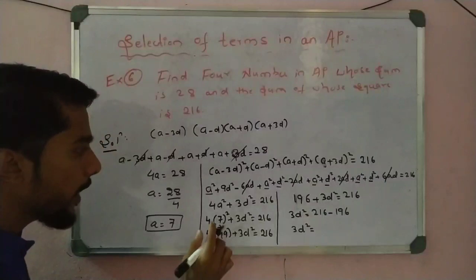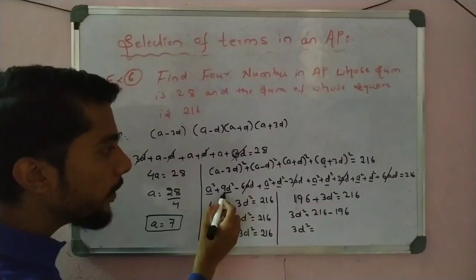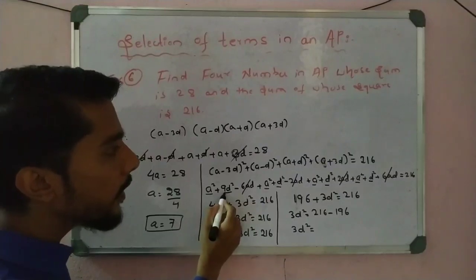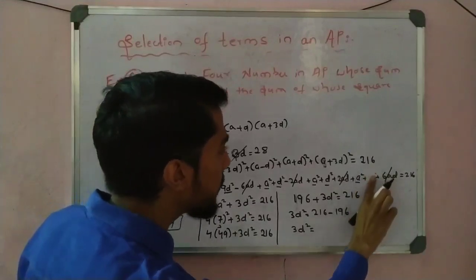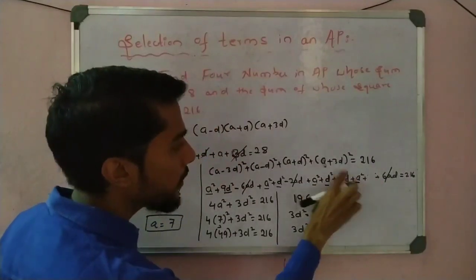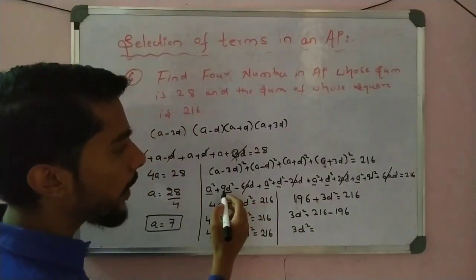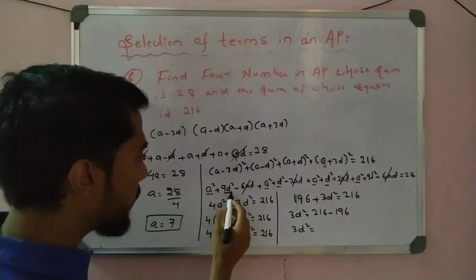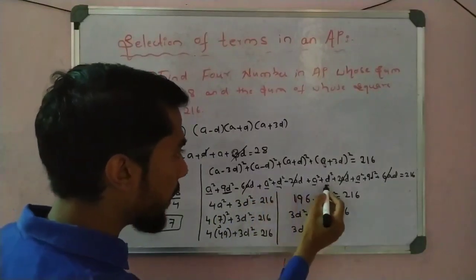Actually we made a mistake here, we missed something here. That is a square, and here 9d square. So this is 9d square, and this 1 and this 1 make 10d square, 10 plus 10 is 20.